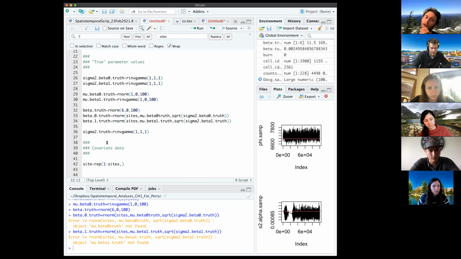Line 33, sorry, line 33. Thank you. After the 0, you set it up, I think. There we go. Also, I think mu beta 1 dot truth, does that need to be in normal? Yes. Copy and pasting is getting me in trouble.